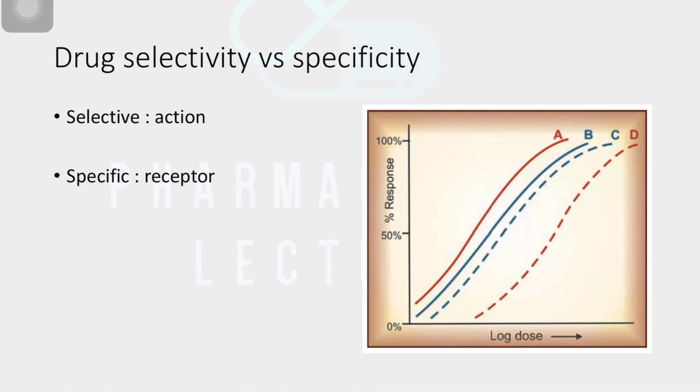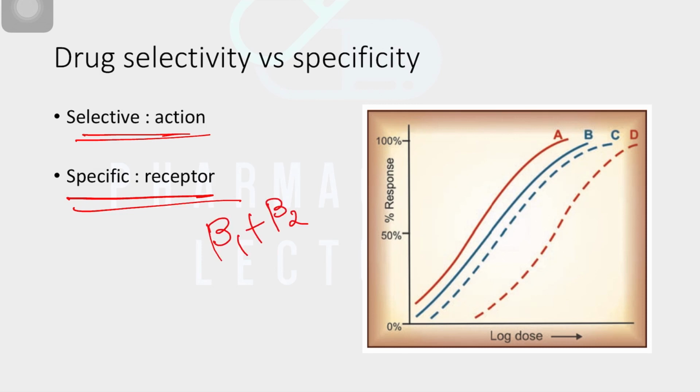Another aspect of this dose response curve is drug selectivity and drug specificity. Selectivity is more related to the action of a drug, how selective that drug is to produce its action, and specificity deals with its receptor, how specifically it acts on a receptor. If a drug acts on, for example, both the receptors beta 1 and beta 2, does it have high specificity?